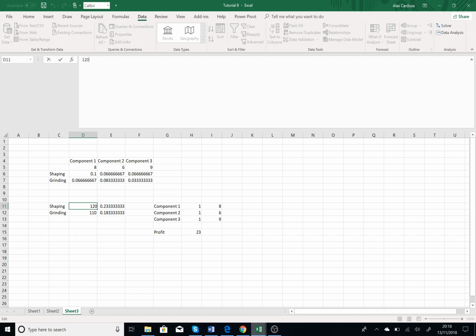Okay, I see what's gone wrong. I need to times these by 60. That was what was wrong. 120 times 60, because everything's in minutes. And then don't divide everything by 60.